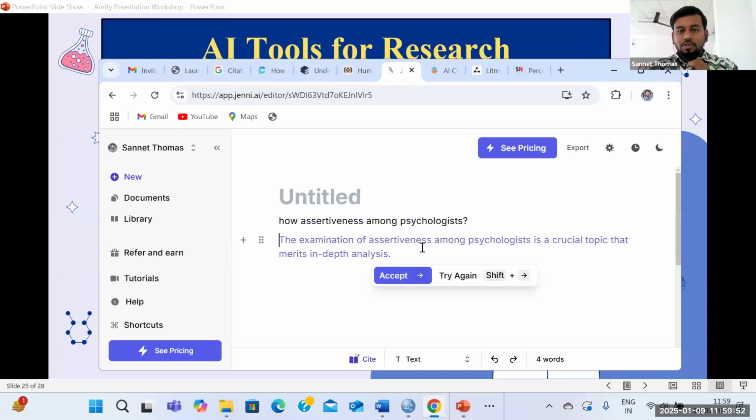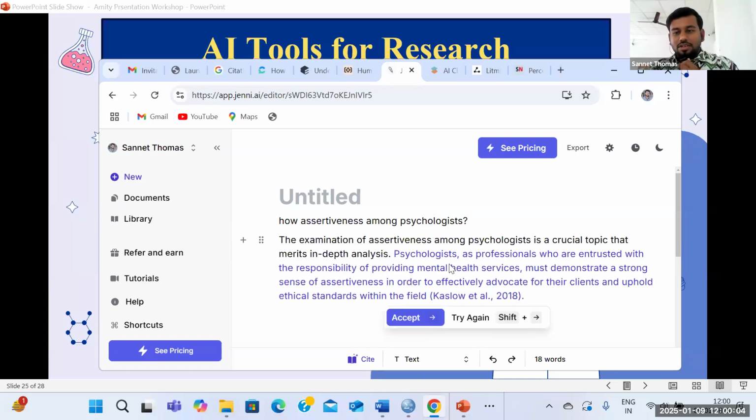See, the examination of assertiveness among psychologists is a crucial topic that merits in-depth analysis. Okay, accept that. The second one, it will suggest some of the important things. Psychologists, as professionals who are entrusted with the responsibility of providing mental health services, must demonstrate a strong sense of assertiveness in order to effectively advocate for their clients and uphold ethical standards within the field.